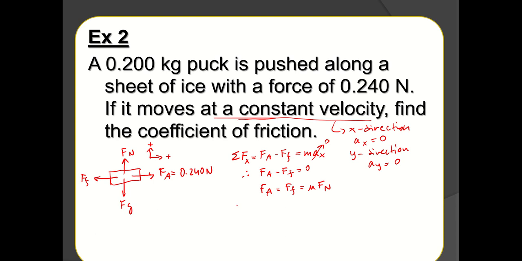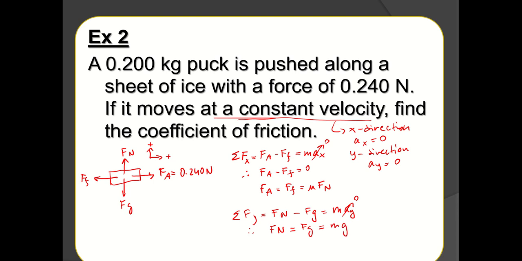So now we need to write the F-net for the y, Fn minus Fg. And again, we know that this part will go to 0. Therefore, we can say that Fn will equal Fg, which will equal m times g.